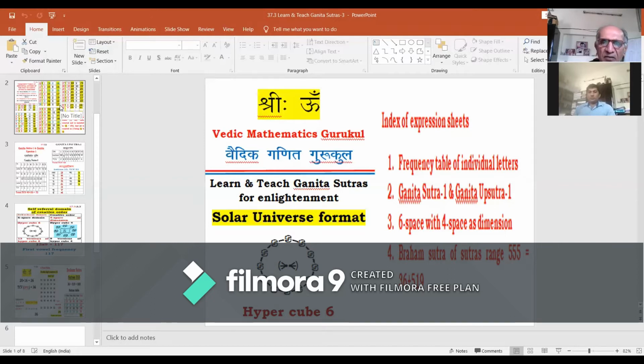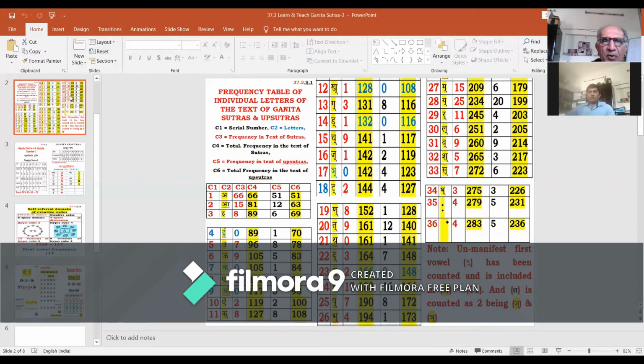Today, the focus is to remain on the frequency table of individual letters of the text of Ganita Sutras. The table here is the table of all the 36 letters being availed for the composition of the 16 sutras.